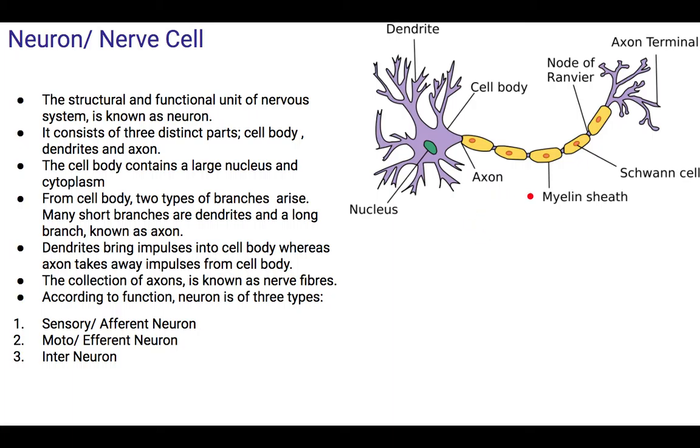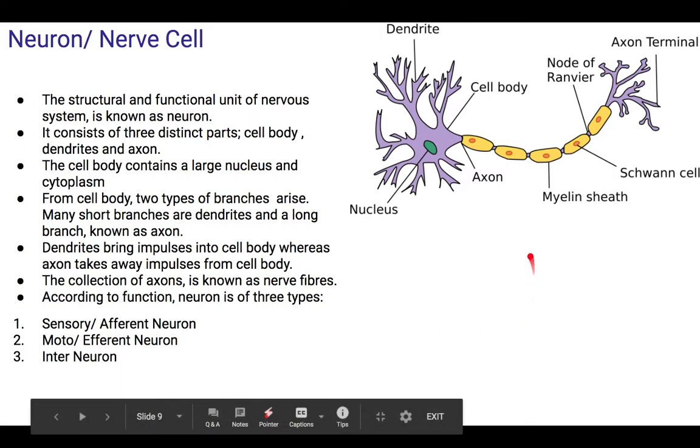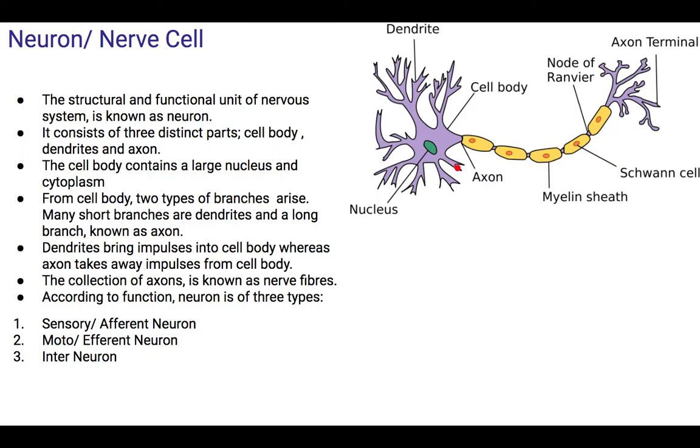A nerve cell, or neuron, is the smallest unit of the nervous system. Normally when you imagine a cell, in your junior classes you learned that a cell is spherical in shape, having a nucleus at the center. But a nerve cell is not like that.